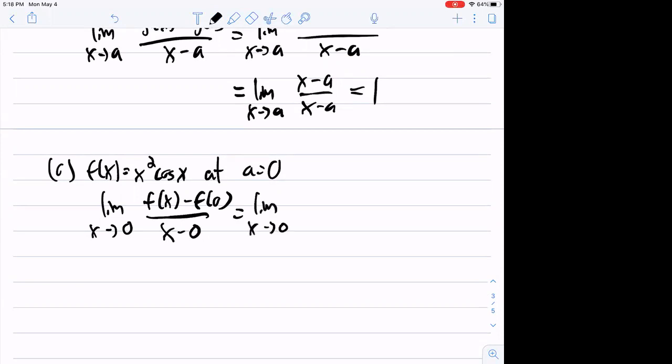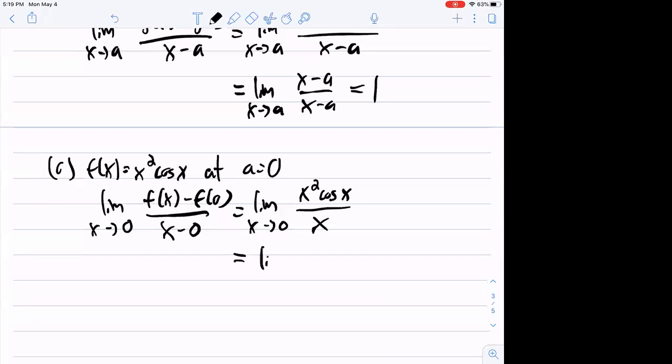So here, f of x is x squared cosine of x. And I'm dividing by x, right? Because f of 0 is just 0. Because 0 squared times cosine of 0 is 1. So 0 squared times 1, which is 0. And you get the bottom cancels, right? So this goes to 0 times cosine of 0. So that's 0 times 1. This is just 0, right? So your slope is just 0 at 0.